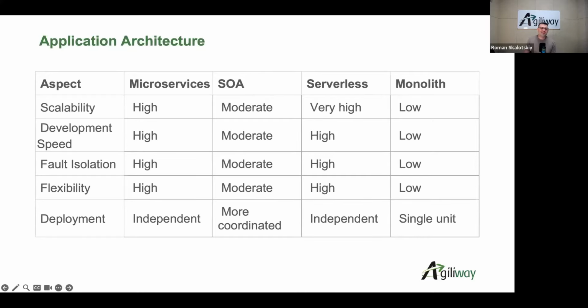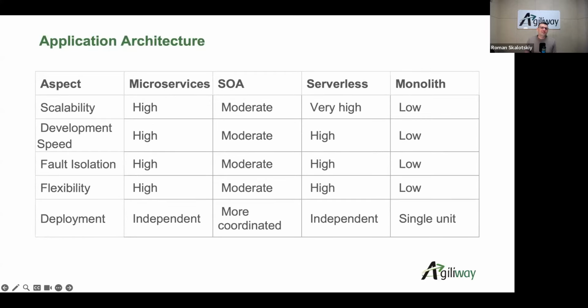Serverless high, failures contained within the individual functions. And monolithic, as usual, low. Failure in one component can affect the entire application, the entire project, we could say.